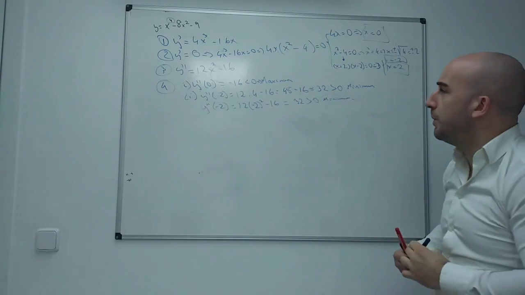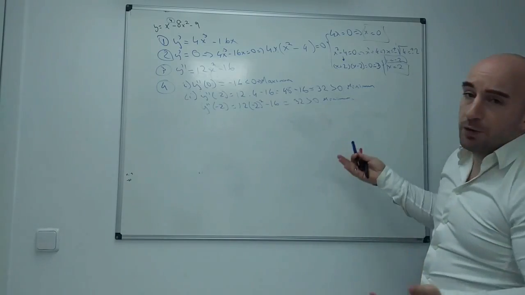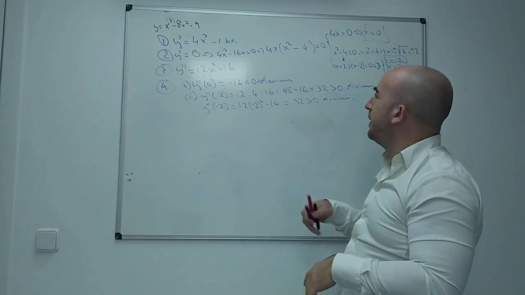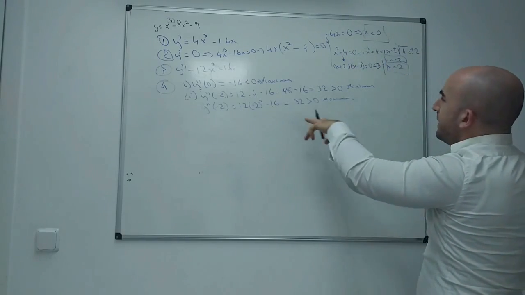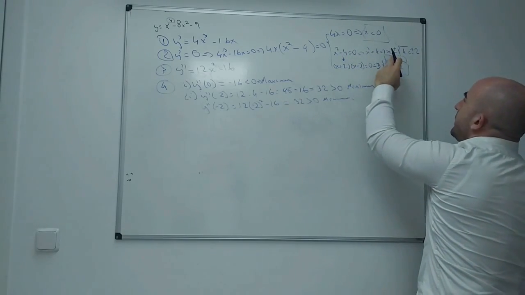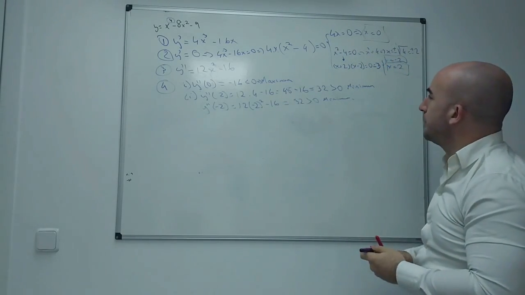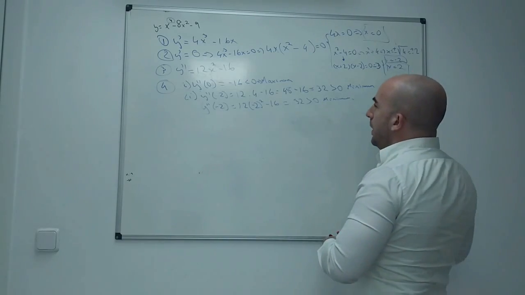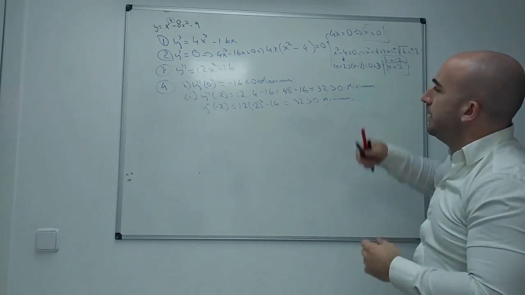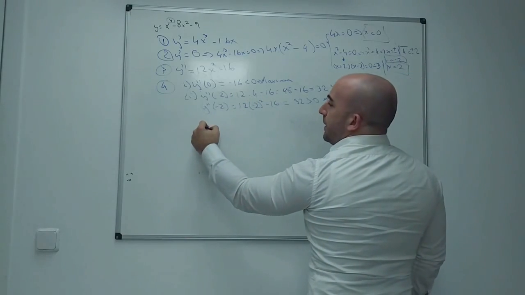So if we only had to calculate the maximums and minimums, we have them. x equals 0 is a maximum, and x equals minus 2 and x equals plus 2 are minimums. If we wanted to draw them, we would have to calculate the y for each point.